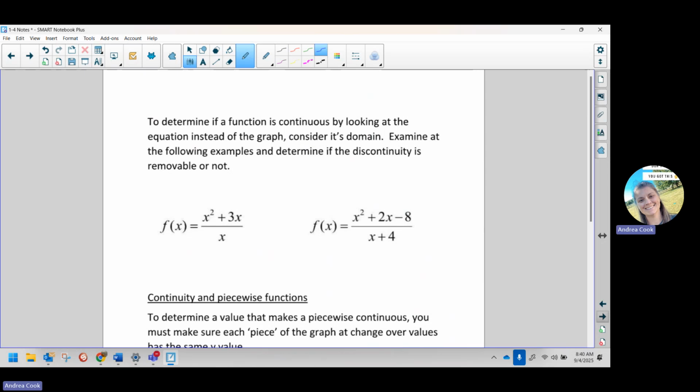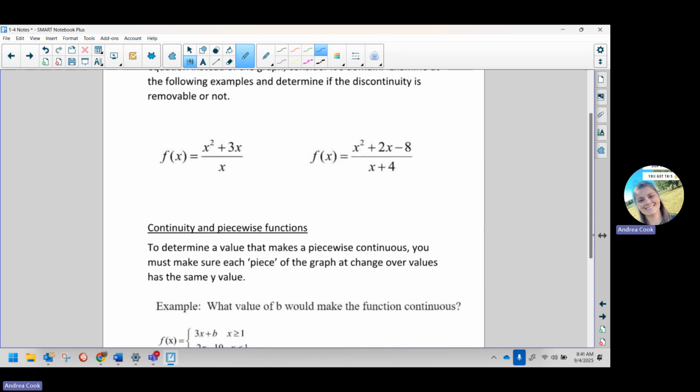Okay, so next, to determine if a function is continuous by looking at the equation instead of the graph, you're going to consider its domain. So if we look at these 2 examples and determine if the discontinuity is removable or not, we're going to use some prior knowledge.